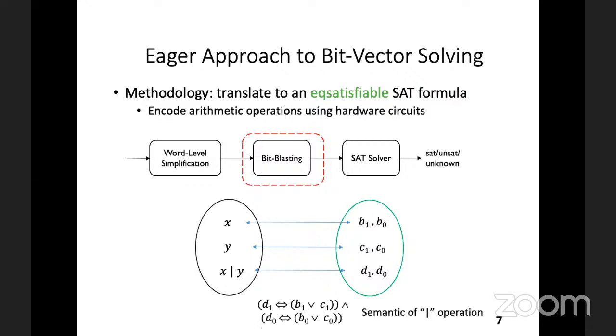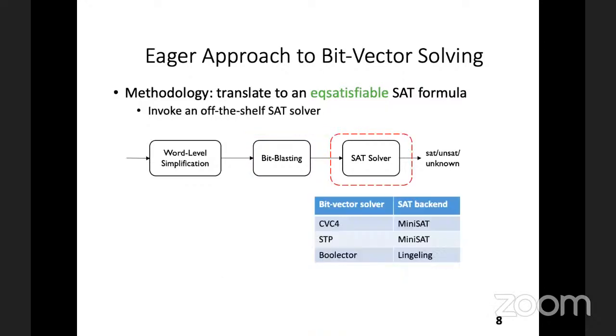And then it will add the Boolean formula to encode the semantics of the operation. This procedure is very similar to a compiler. We compile an integer program into a binary program. Finally, in the last step, we usually call an off-the-shelf SAT solver.